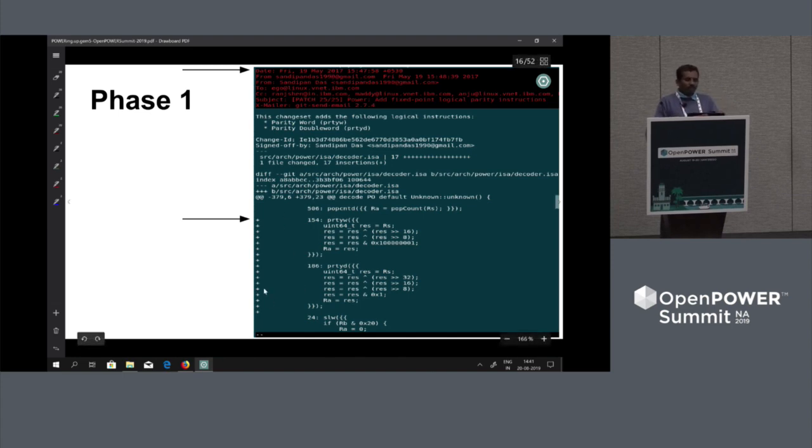The gem5 code base is fairly convoluted and fairly large. What is shown in the code is a couple of instructions, parity word and parity double word, and the functionality required with the input operands, which has to be modeled into gem5.